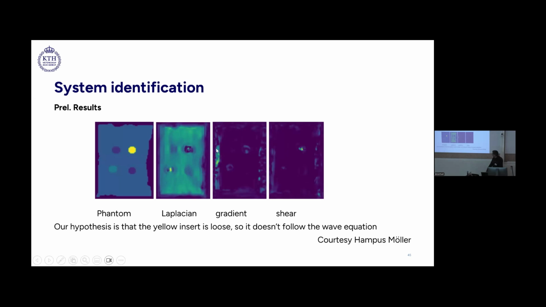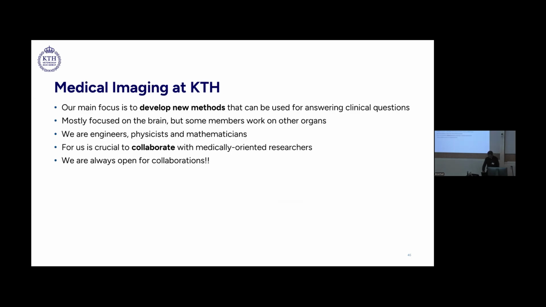We found that it was kind of true, except for this insert that was a bit off. We think that maybe this insert was a bit loose or something, because it doesn't follow the theory. Yes, that was the last slide.